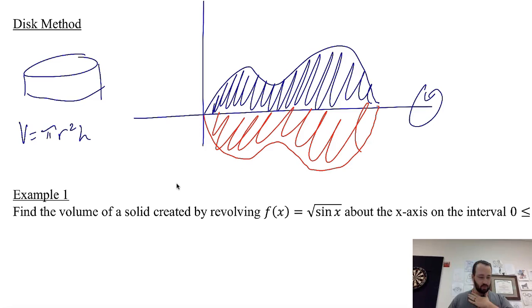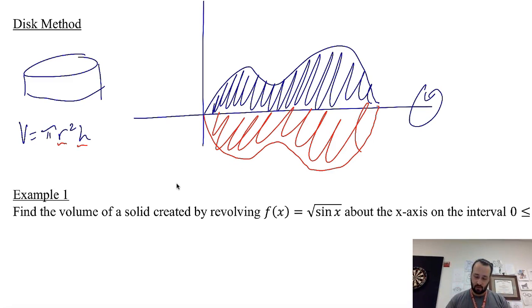So in order to do this, I need to figure out what my radius is, and my height is actually going to be my integral. It's going to take the sum of all those infinitely small, but really they have size, disks, and add them together.